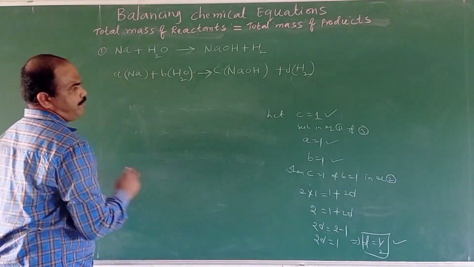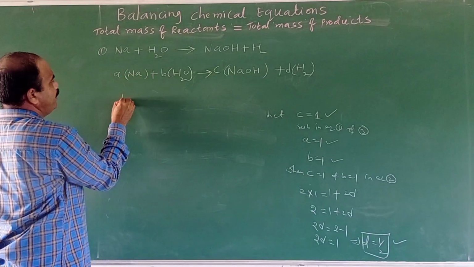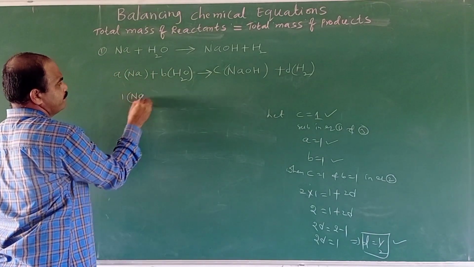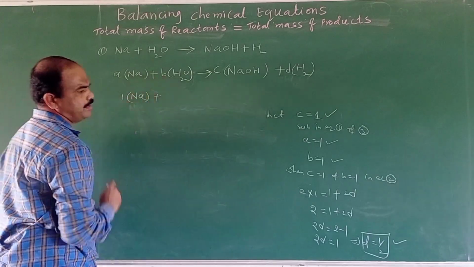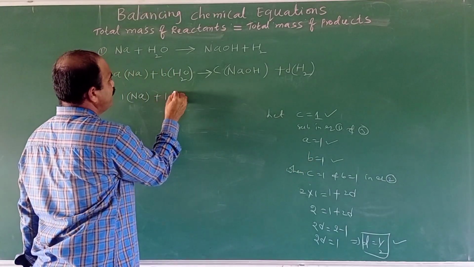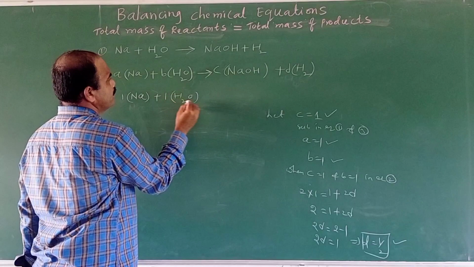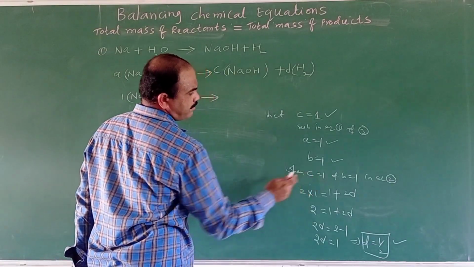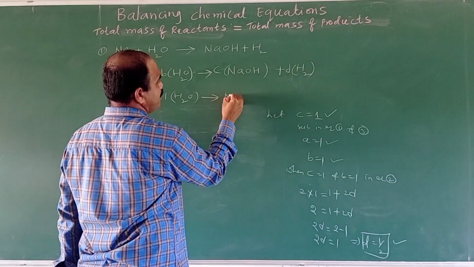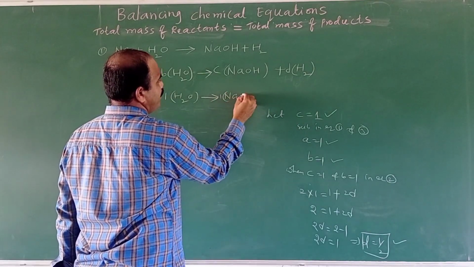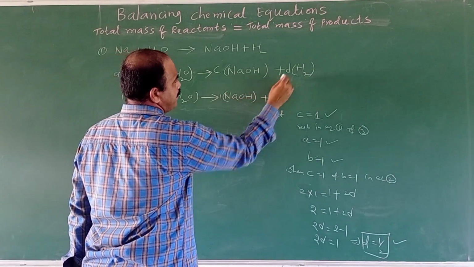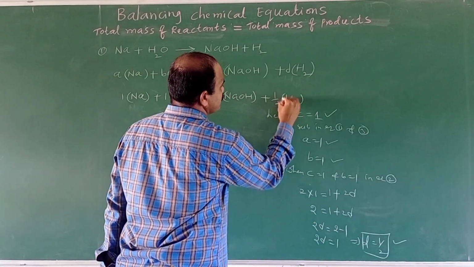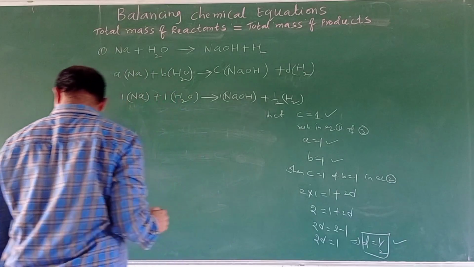A equal to 1, so 1 into sodium, plus B is also 1, 1 into H2O, gives rise to C, which is also 1, 1 NaOH, plus D, which is 1 by 2, 1 by 2 H2.